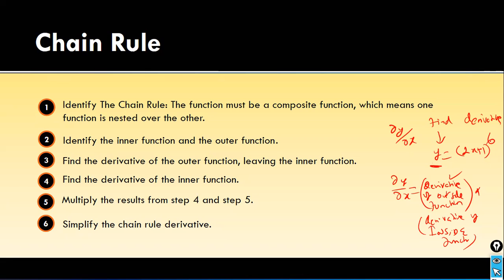You need to know the power rule, which we discussed, right? The 6 will come in front: 6 into (2x + 1) raised to the power 6 minus 1, which gives you 6 (2x + 1) to the power 5.